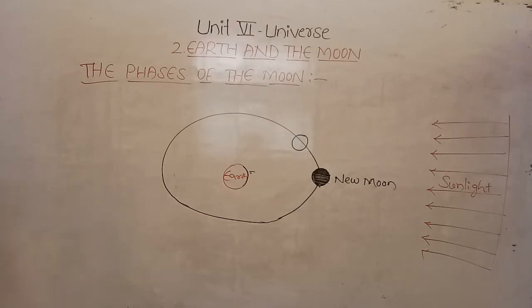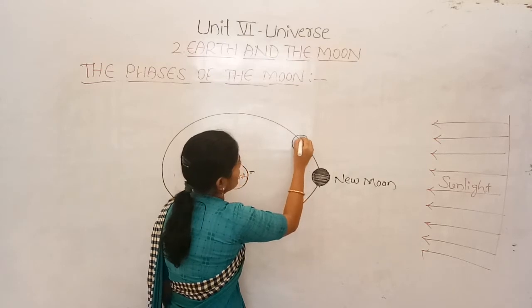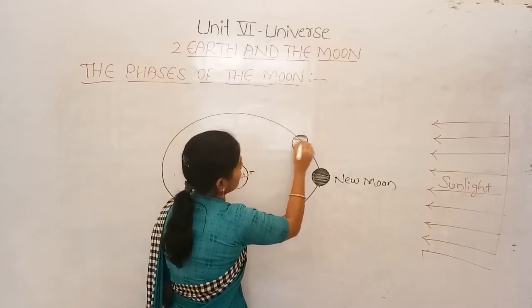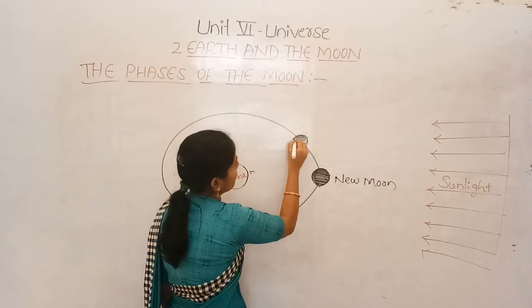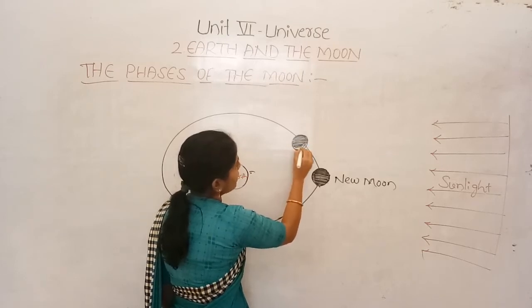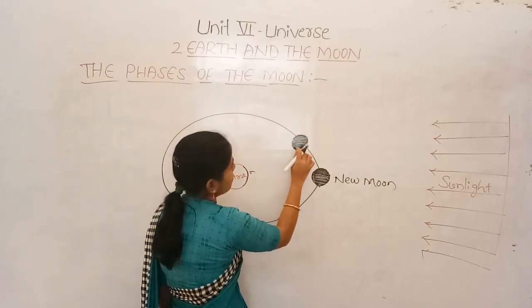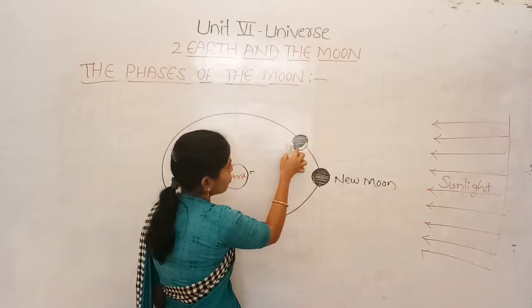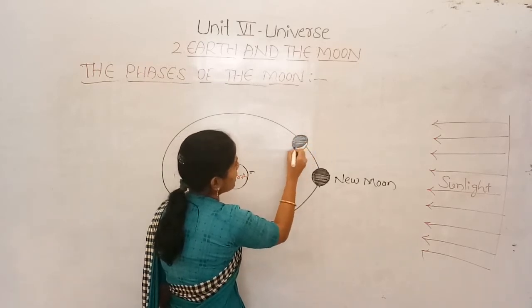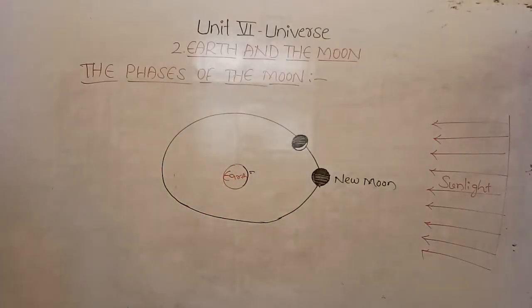Only this much part we can see, and the rest will be completely dark. Only a little portion of the moon we are able to see, and the remaining we are not able to see. This is called the waxing crescent.